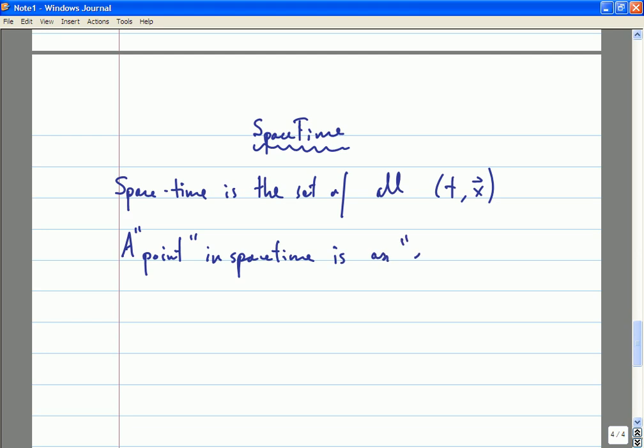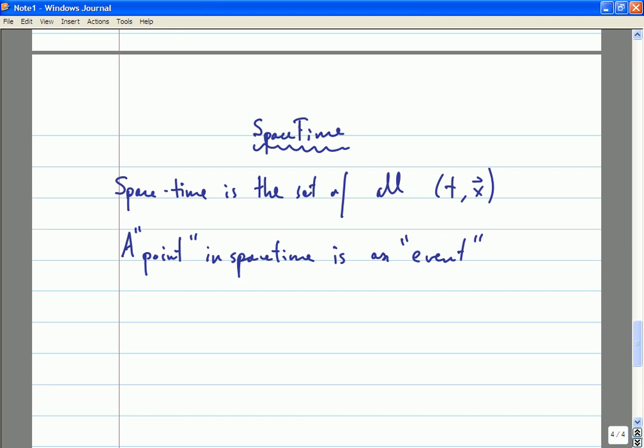We call it an event to distinguish it just from a point, because usually we often think of a point as just a set of x1, x2, and x3 that label the spatial position. But in space-time, we also need to specify the time at which something occurs. And so we usually refer to it as an event rather than a point. Often, however, I will just be sloppy and refer to events in space-time just as points. So I'll use the phrase event and point interchangeably.